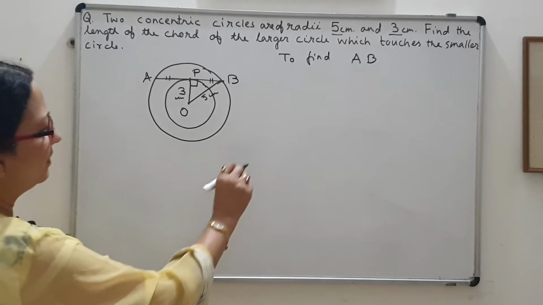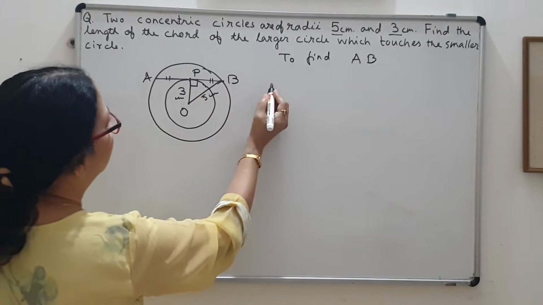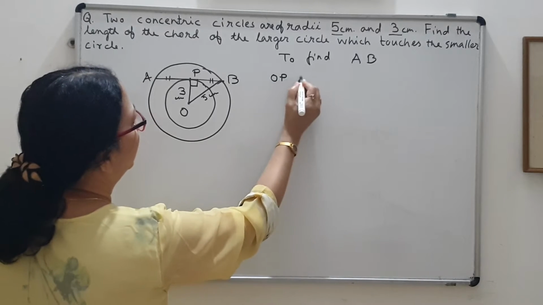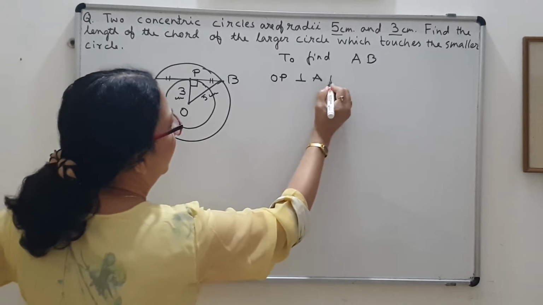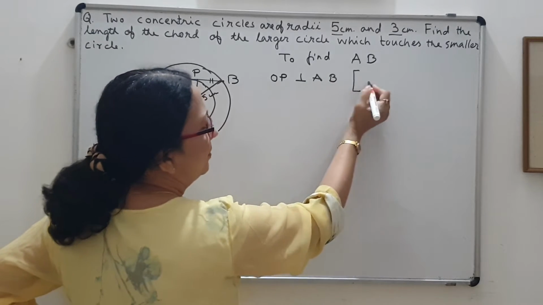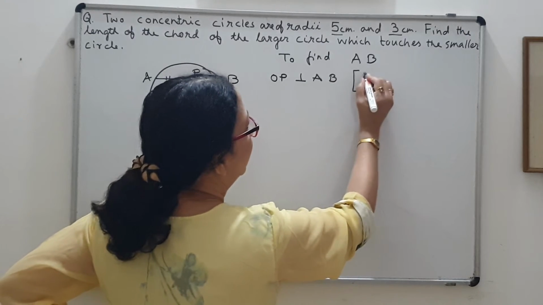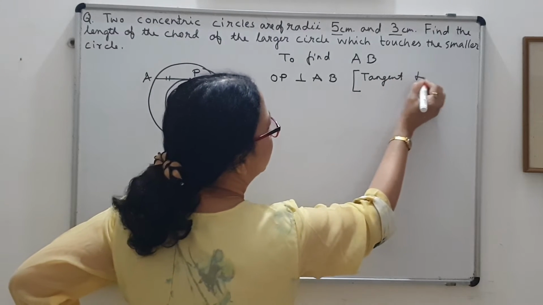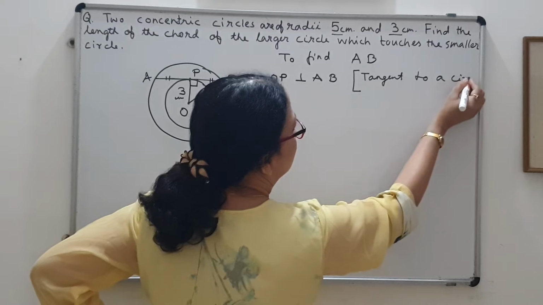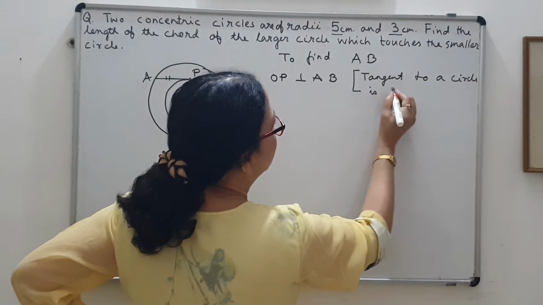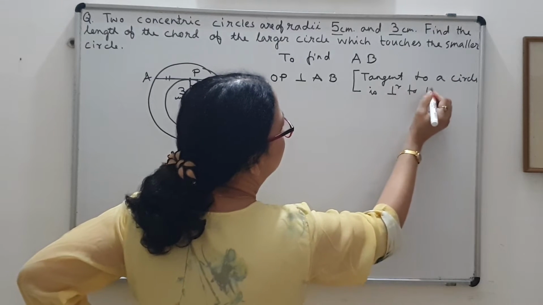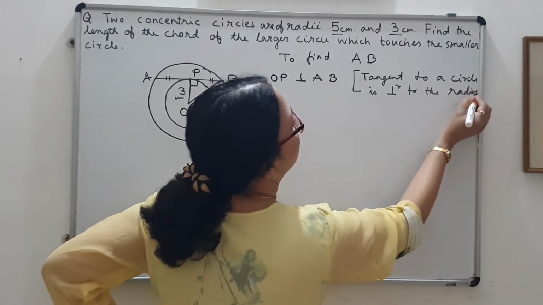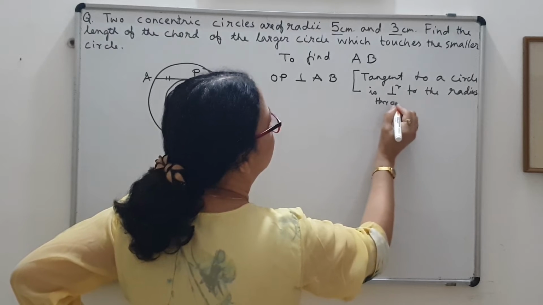The first step that I have to write is that OP is perpendicular to AB, and in support of this logic you have to write the first theorem: the tangent to a circle is perpendicular to the radius through the point of contact.